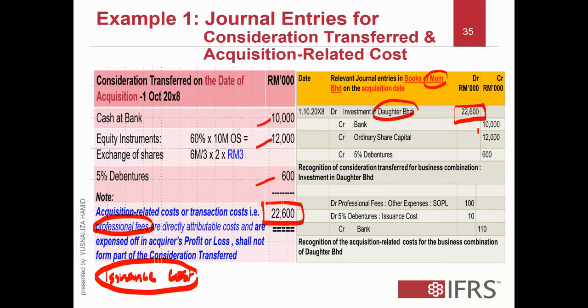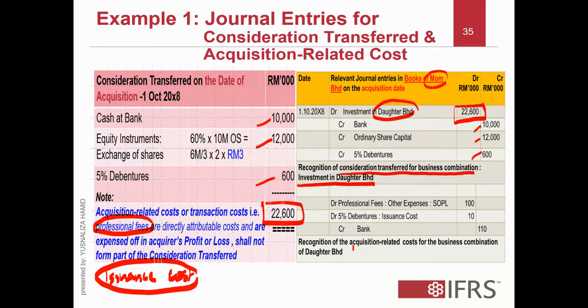So you have to include it here, right? That is to recognize the consideration transferred for the business combination. And this will give rise to investment in daughter, where you invest in daughter by acquiring 60% of the voting shares.